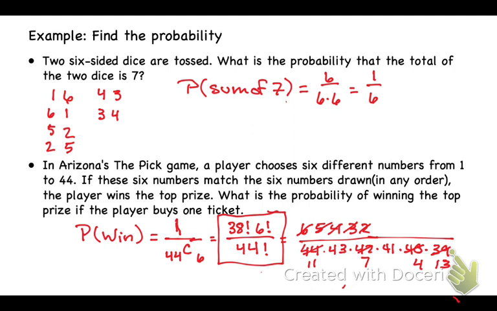So 1.416 times 10 to the negative 7. So that is 6 zeros, yes? So 0.0000001416. Is that a good chance of winning? No, that is not a good chance of winning.